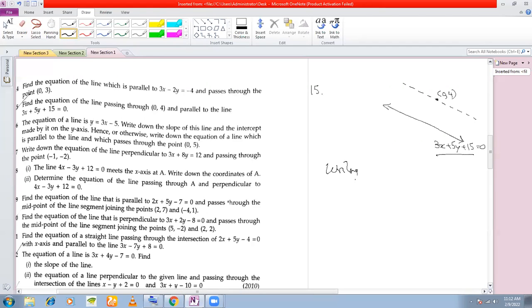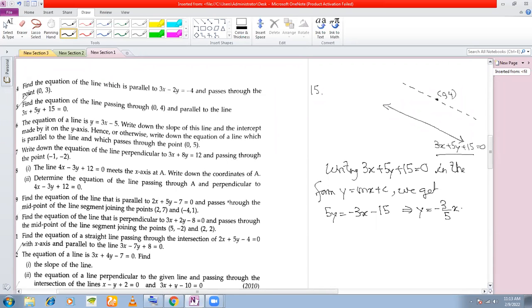So writing 3x plus 5y plus 15 is equal to 0 in the form y is equal to mx plus c, we get 5y is equal to minus 3x minus 15, and you get y is equal to minus 3 by 5x minus 15 by 5. That means you get y is equal to minus 3 by 5x minus 3, right?